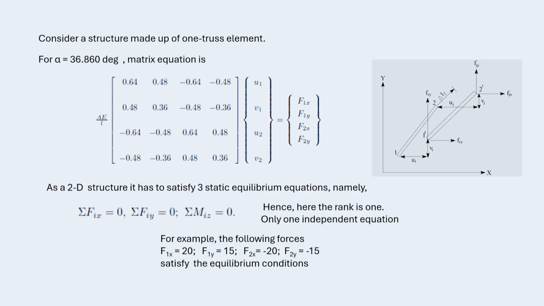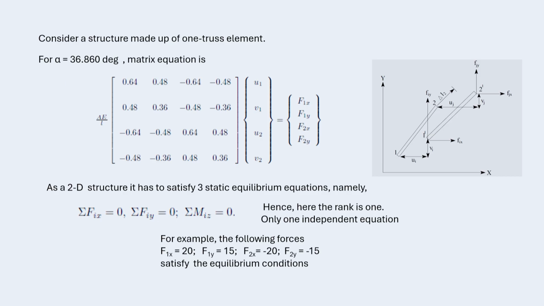Total force at all the nodes put together should be equal to 0, as well as the moment of all the forces, external forces, about some point is 0. So this moment, since it is the xy plane, is taken about the z axis. So like this, we have 3 equations.